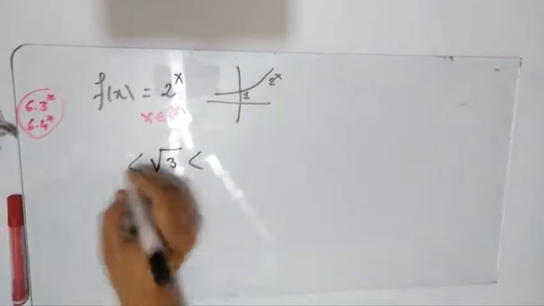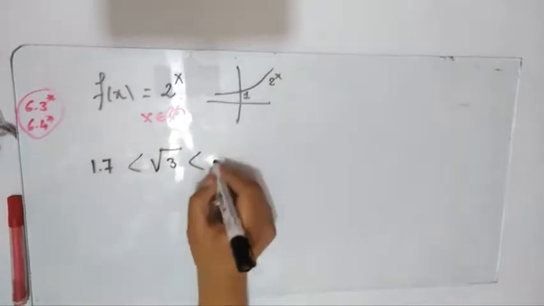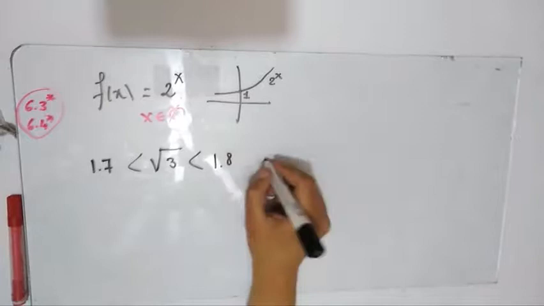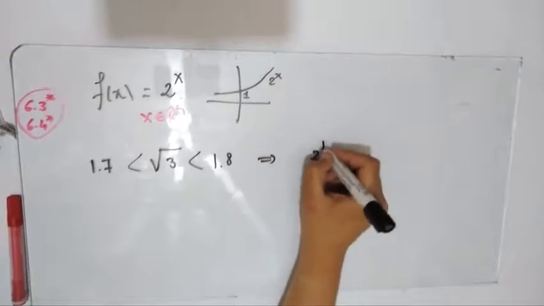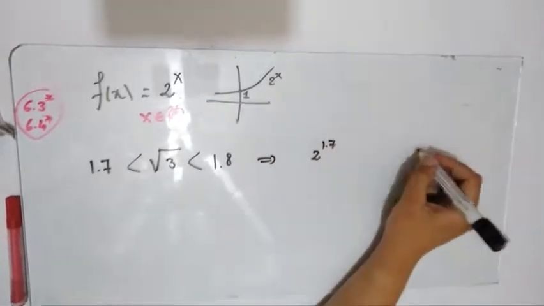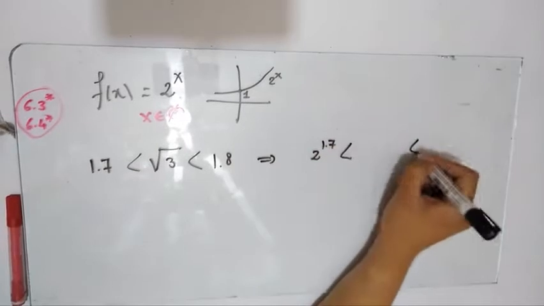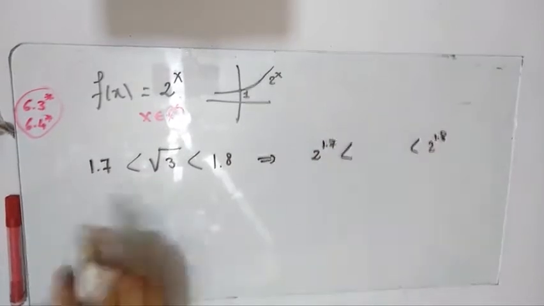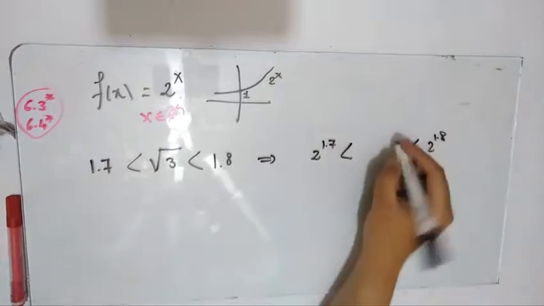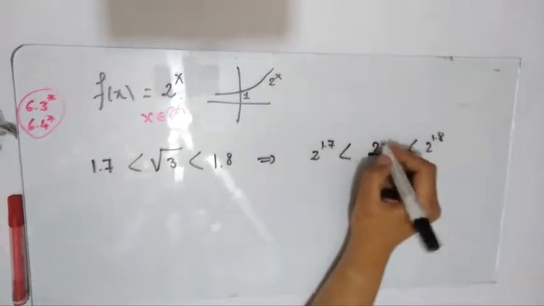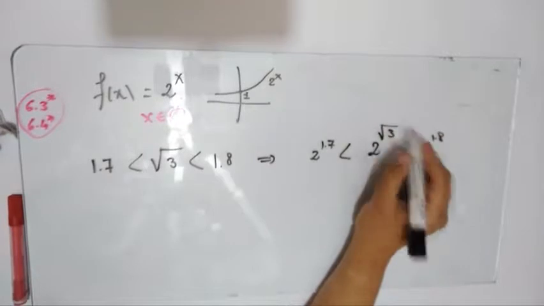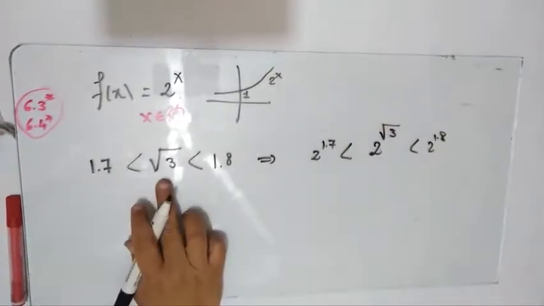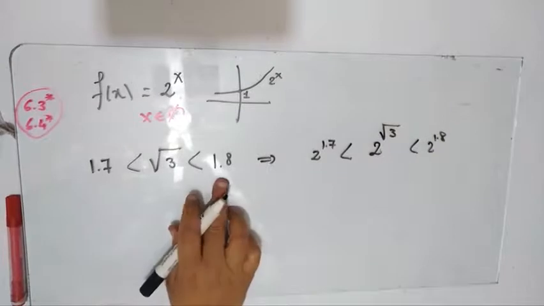Square root of 3 is bigger than 1.7 and less than 1.8. Then 2 to the power 1.7 is less than 2 to the power 1.8, and I want to define 2 to the power square root of 3 to be in between those, to keep the increasing property. But actually, square root of 3 is not only between 1.7 and 1.8.